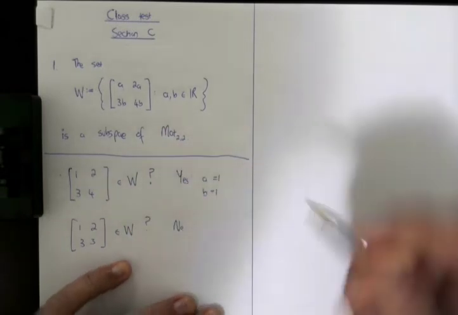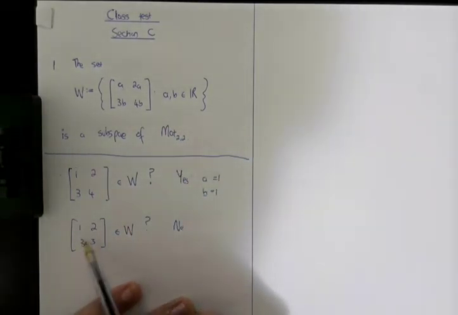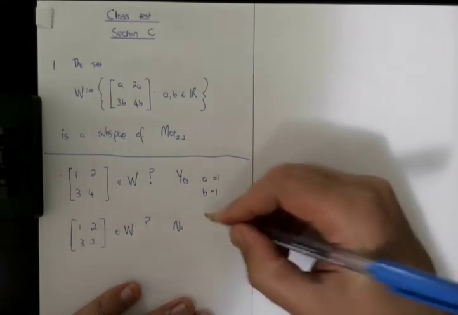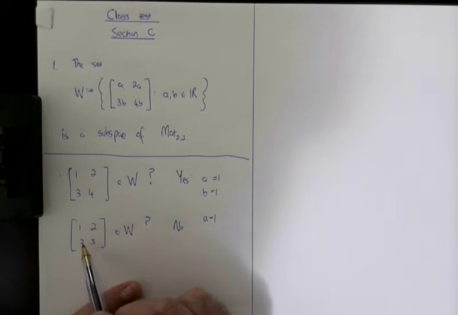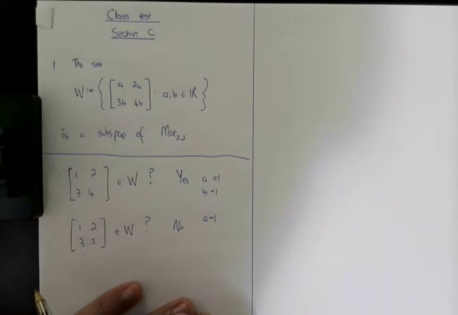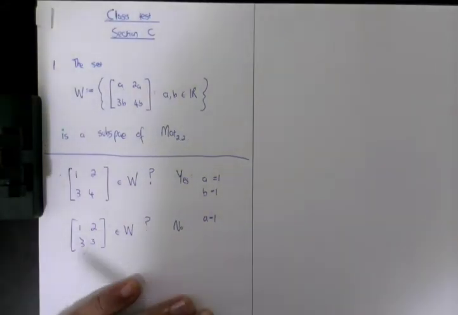No, because A can be 1 and that would cover the top two elements, but there's no value you could set B to that gives 3 and 3 in the bottom row. If you set B equal to 1 to get the bottom left entry correct, you wouldn't get the bottom right entry correct, right?